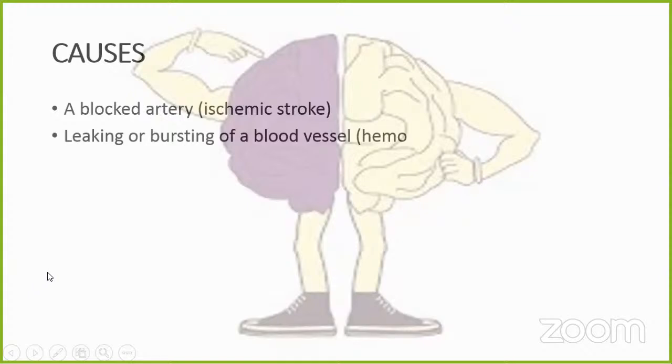One part of the body may become dysfunctional. If the motor neurons are affected, they may not be able to move the limbs on one side. Most of the time, either the right side or the left side is affected. If the right side of the brain is affected, the left side of the body may be affected. If the left side of the brain has the stroke, the right side of the body may have problems.